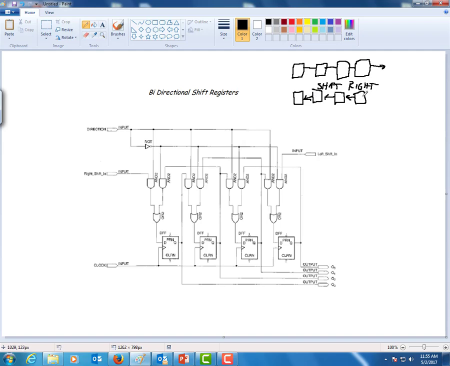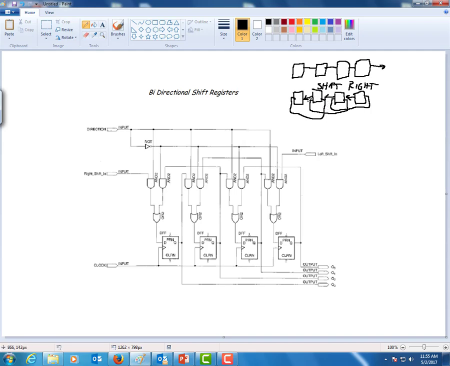Since this is the output of the chip, this is somehow going to have to come down, go around, and go in the input. And the output here is going to have to come down, go over, and come to the input here. And the output here is going to have to come down, go over, and go to the input here.